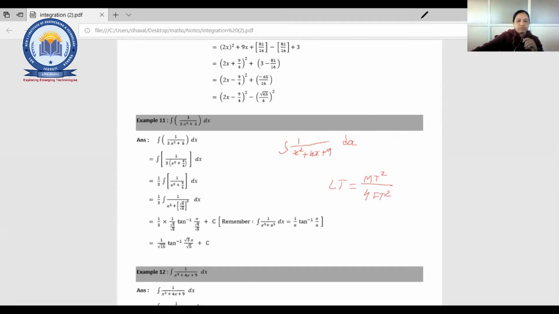If you got the answer, write it down in the chat box. Okay, 1 upon root 5 tan inverse of x plus 2 upon root 5. Correct, that is right.